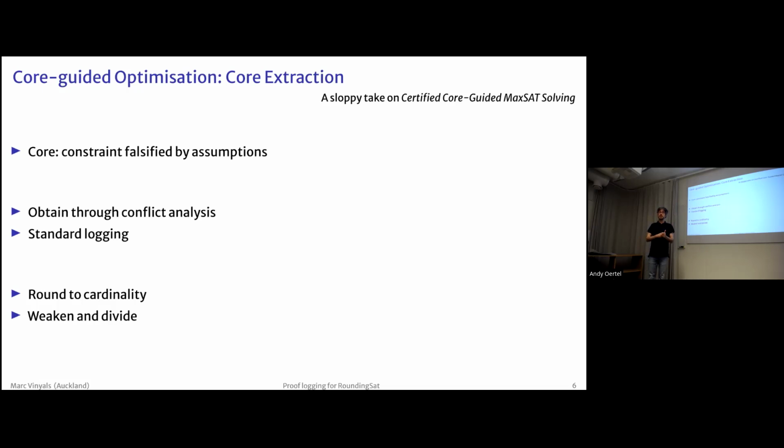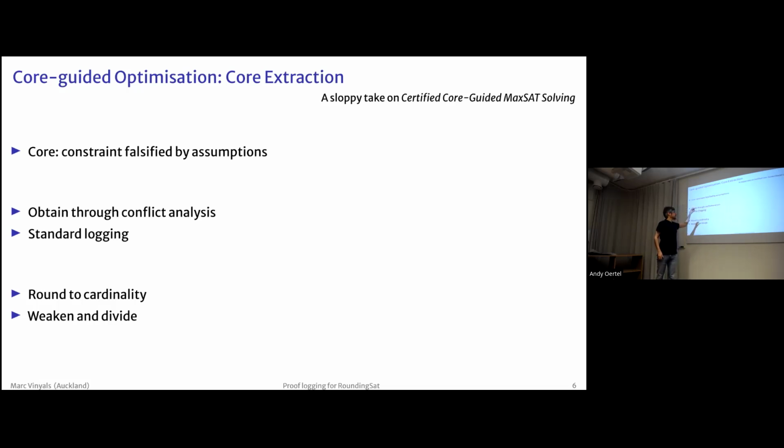But again, we discussed this already, that we could use more general constraints, and there's no reason why we have to stick to cardinality. But anyway, first we get this constraint through conflict analysis. Again, nothing happens here. We use the standard conflict analysis logging.